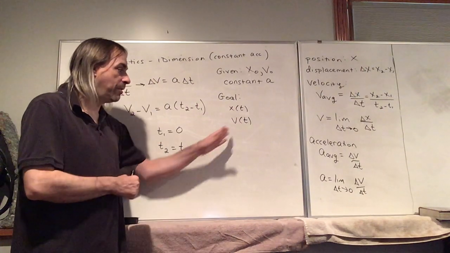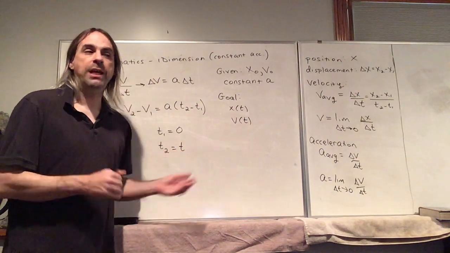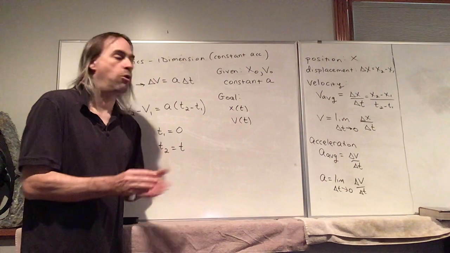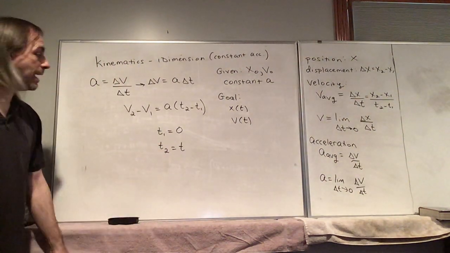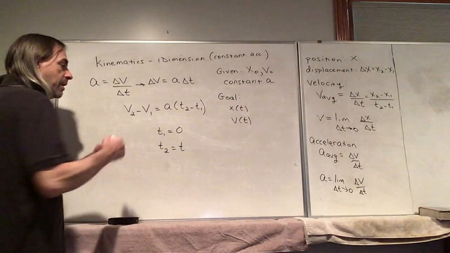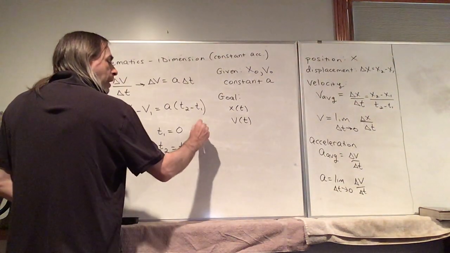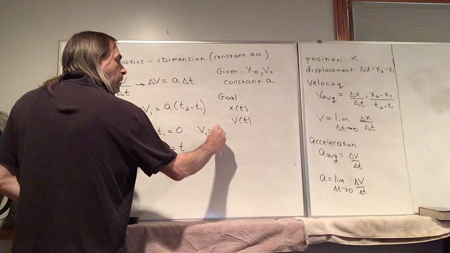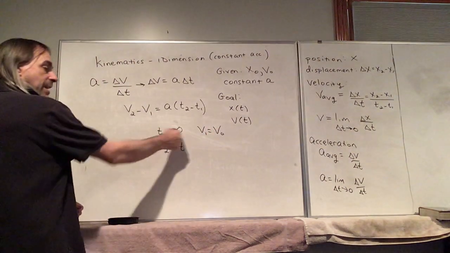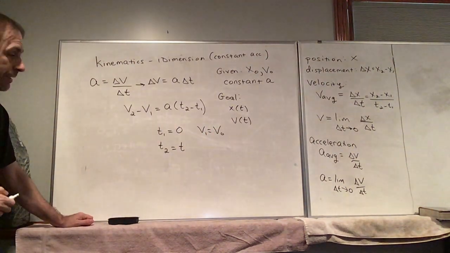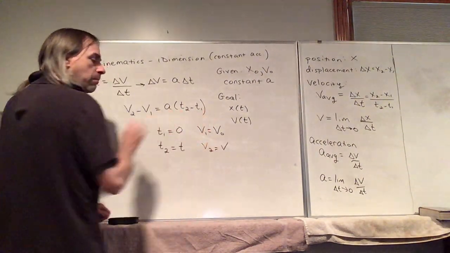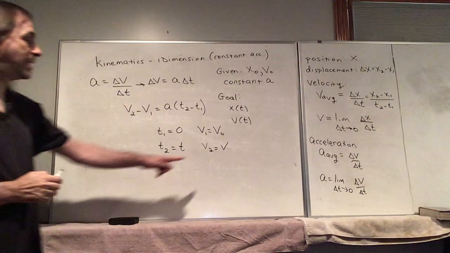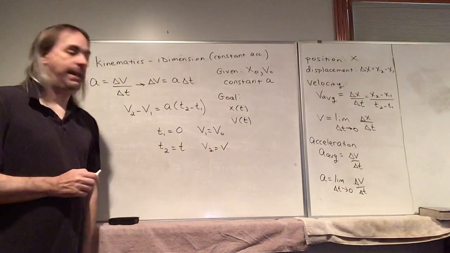We want to be able to plug in anything for t. So we're not really looking at 2 particular points. Let's just leave t2 to be whatever future time you happen to be looking at. And then v1 is at t equals 0, so we call that v naught. And v2 is then just v. That's the velocity at time t.